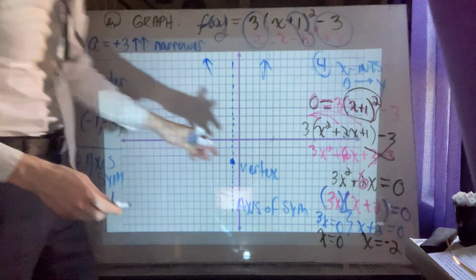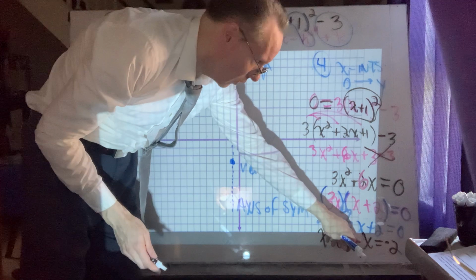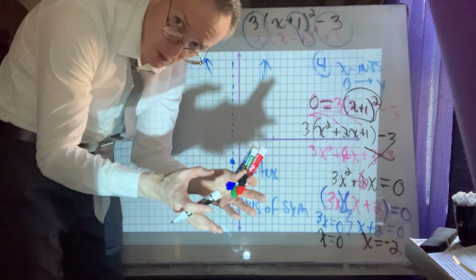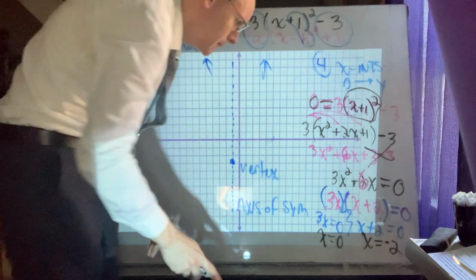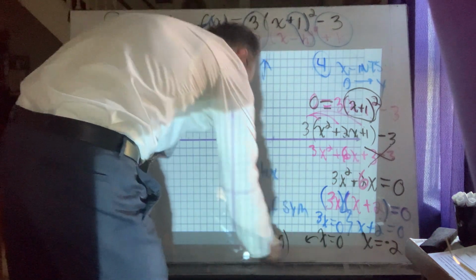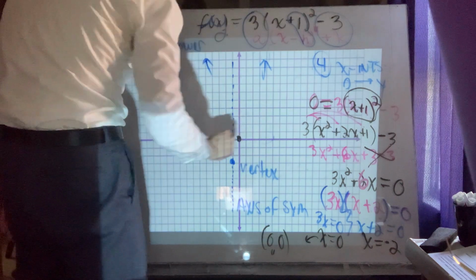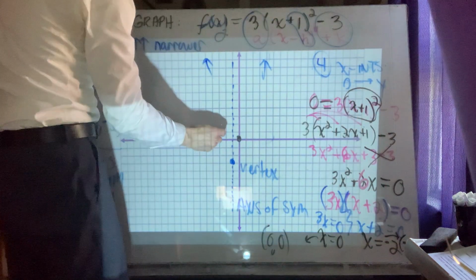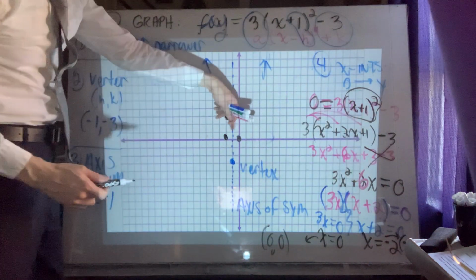Since those are the values of x when y is 0, pair them together as ordered pairs. This would be the ordered pair 0, 0, the origin, so you'd have a dot right there. And this would be the ordered pair negative 2, 0, which would logically be there because it's symmetrical.